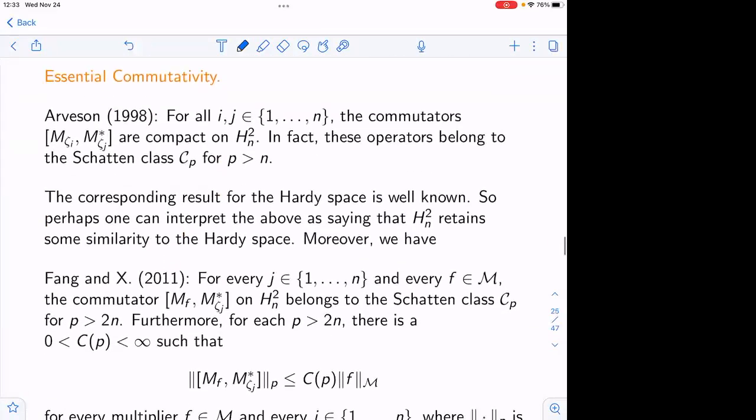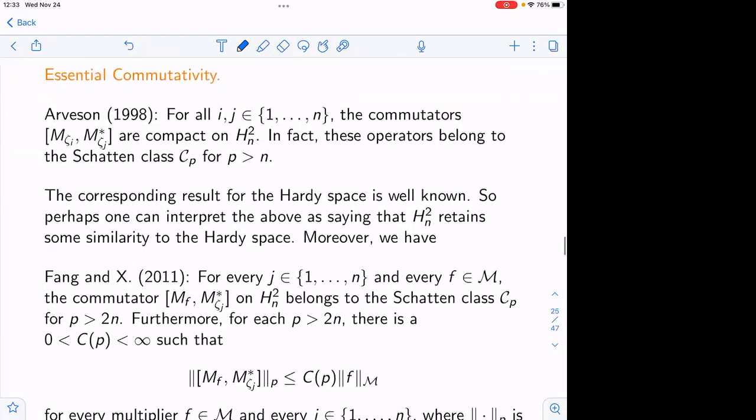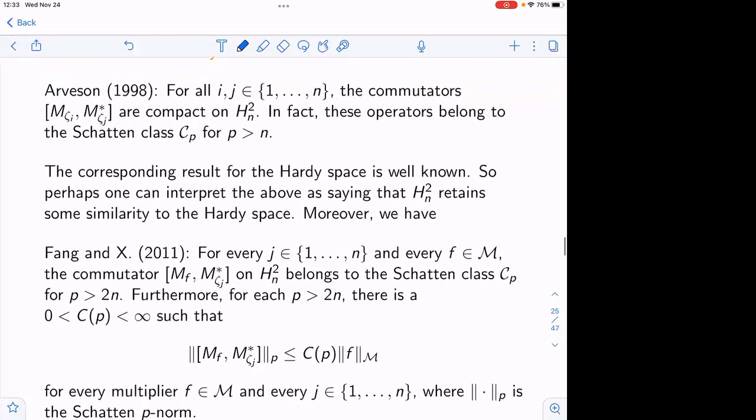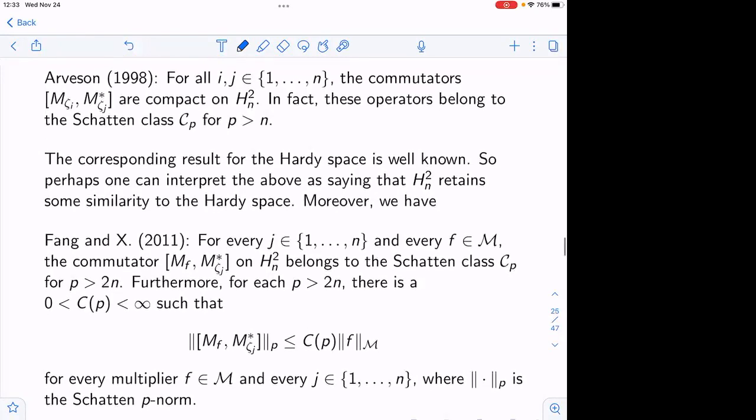Now let's get to essential commutativity. In his 1998 paper, Arveson already knew that if you look at the commutators of a multiplication operator with adjoints, where i and j may or may not be the same, these are compact. In fact, he showed that these are in Schatten p class for p greater than n.